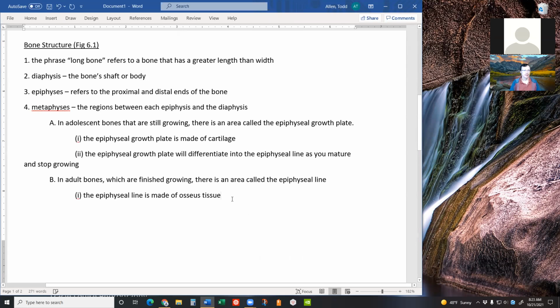All right. Okay, folks. So it is a little bit confusing to consider that the epiphyseal line or epiphyseal growth plate, whichever you want to refer to, is not really abundantly present in the epiphysis. It's primarily found in the metaphysis. I'm not aware if there is a historical reason why it was mislabeled that way.